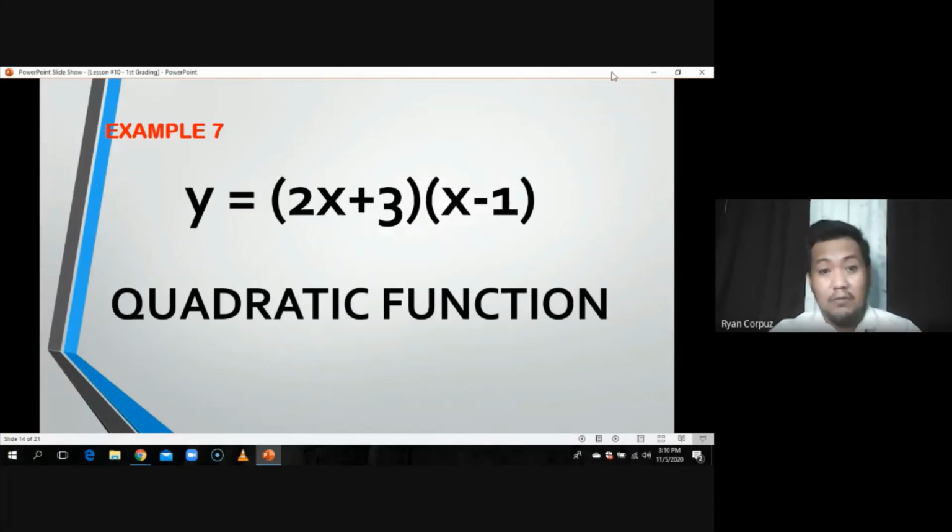So ganun din yun. We do have here binomial factors. If we are going to apply FOIL method here, we'll come up with the quadratic term also. And since it was already equated to y, makaka-form tayo ng tinatawag natin quadratic function in the end once we simplify these binomial factors when we apply FOIL method. So that's why example number 7 is considered as quadratic function.